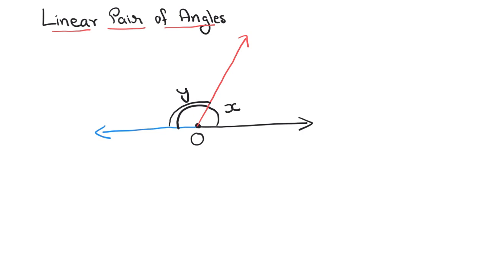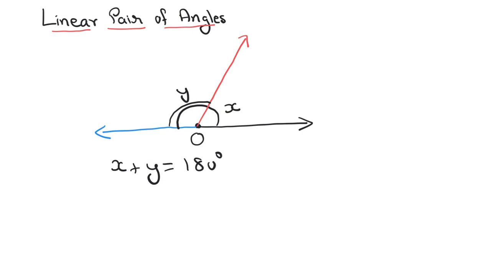But now, since this is a straight line and this full angle is 180 degrees, can I say X plus Y is equal to 180 degrees? So when adjacent angles add up to 180 degrees, we say that X and Y are a linear pair of angles. Understand that?